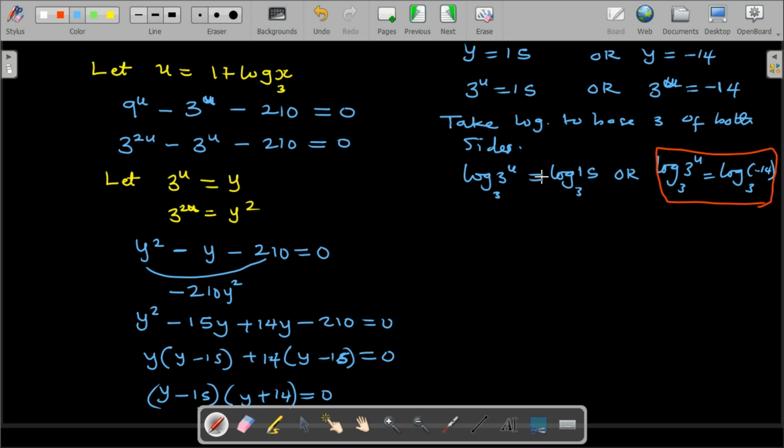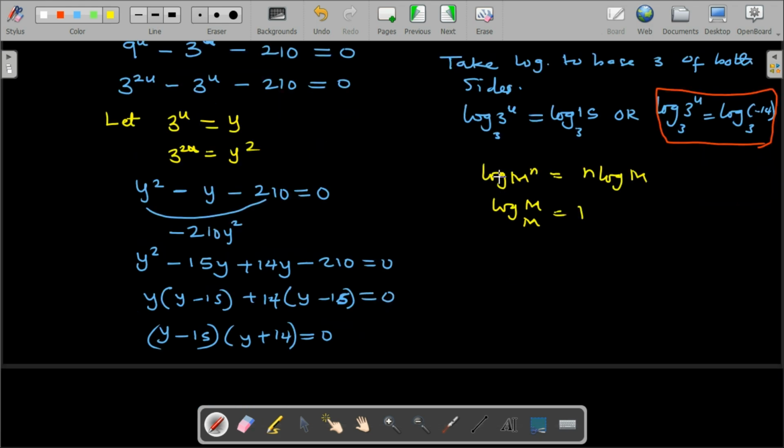From here, remember from your rules of logarithm that the logarithm of m raised to power n is the same as n logarithm of m, and the logarithm of a number to the same base is 1. You could apply that here, such that logarithm of 3 raised to power u will give us what?